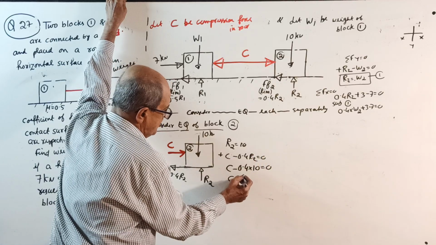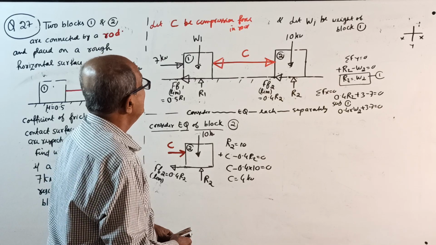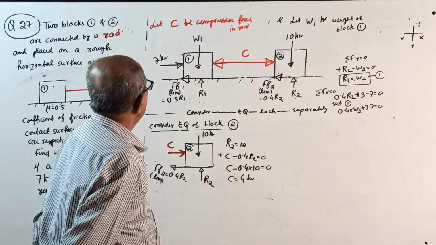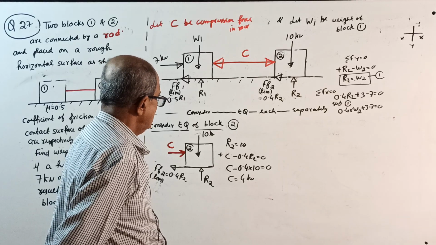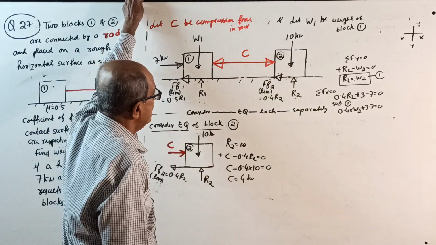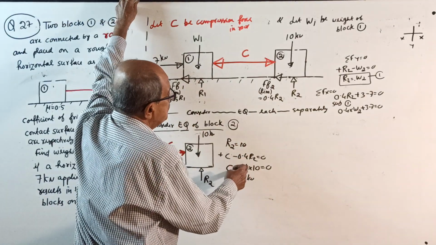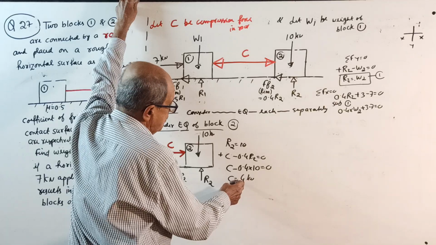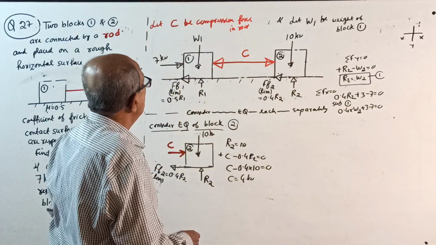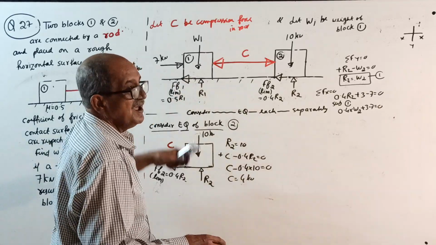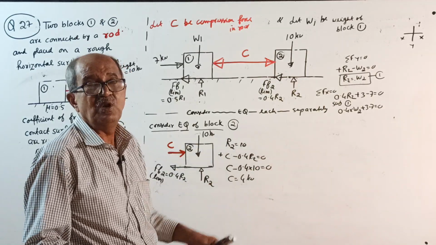So your C will come 4 kilonewton. Correct, 4 kilonewton? One minute. How did it come 4 kilonewton? C is 0.4 R2, R2 is 10. 10 into 0.4 is 4 kilonewton. C minus 4. Last time C came 3 kilonewton. Oh, because I applied force here. Okay, C may change, but remember, final answer will not change.